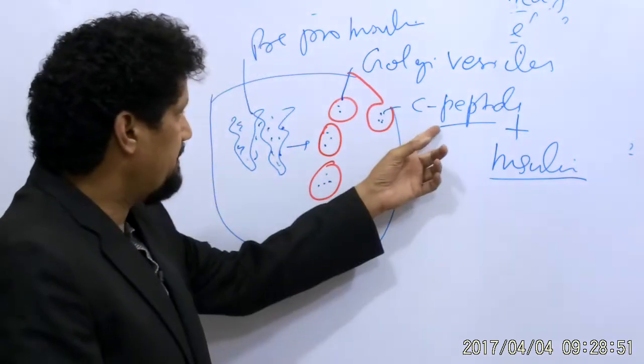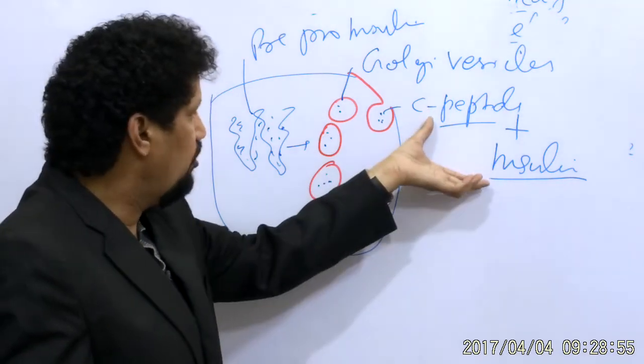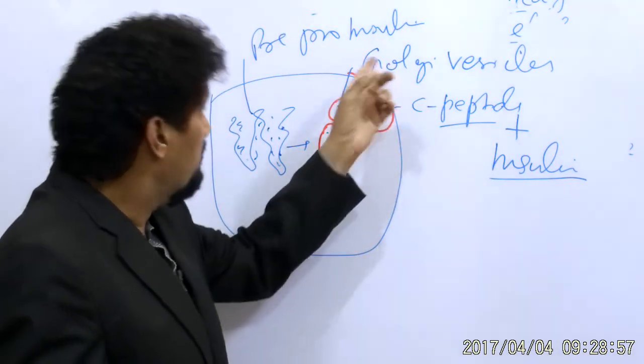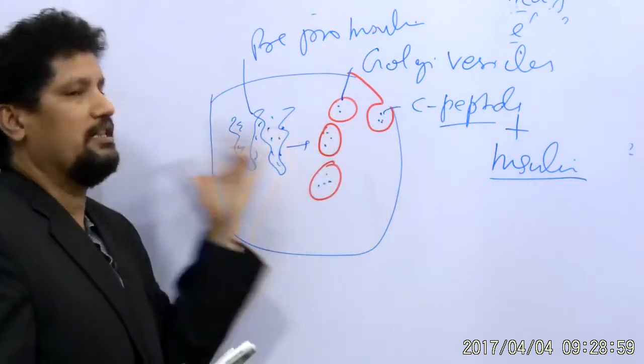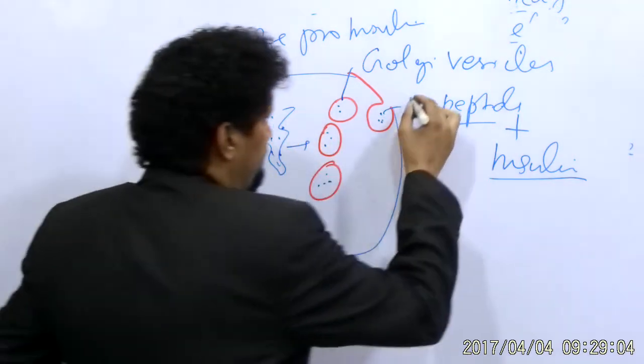So C peptide, also known as connecting peptide, and insulin, both are released from the proinsulin. Before proinsulin, it was preproinsulin. So both are components of the proinsulin.